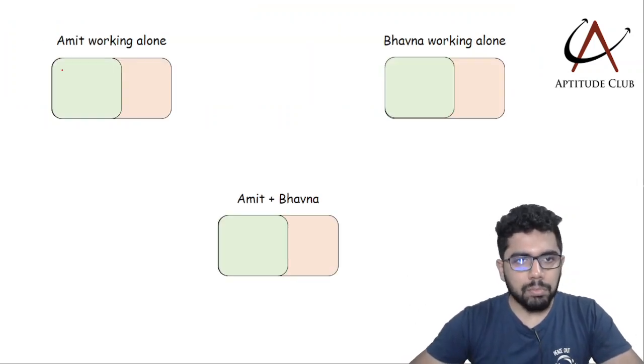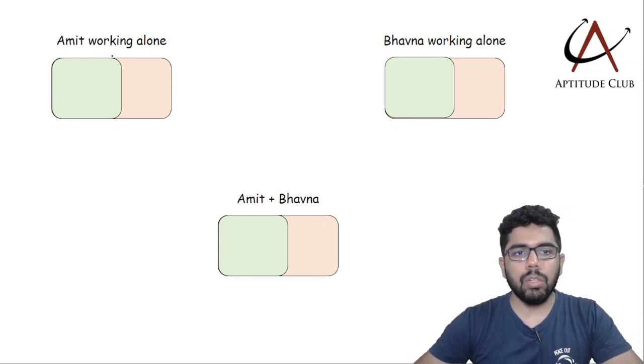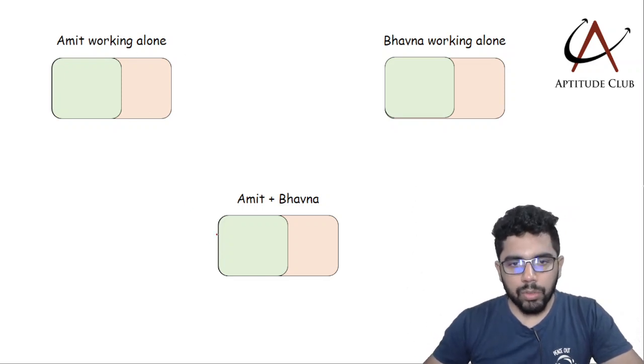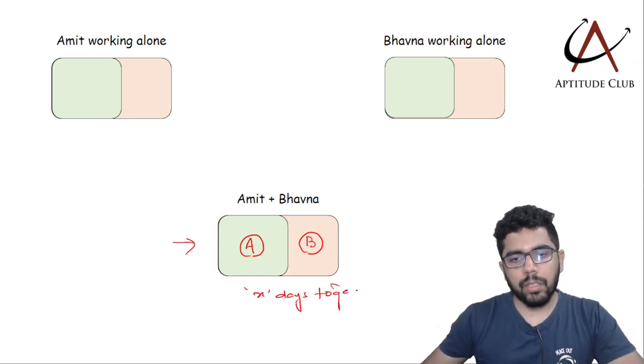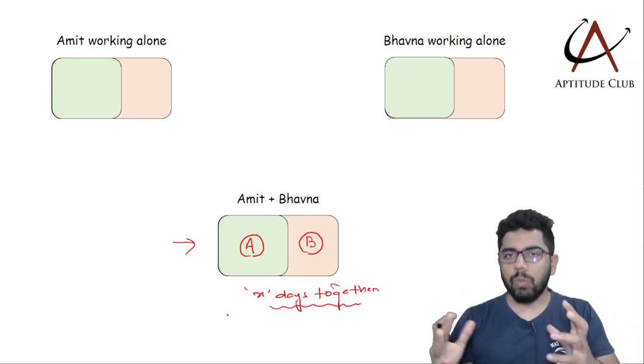Let us say this bigger rectangle represents the total work. If you look at this case first, this is the work done by Amit, and this is the work done by Bhavna, and let us say together they take X days to do this work.